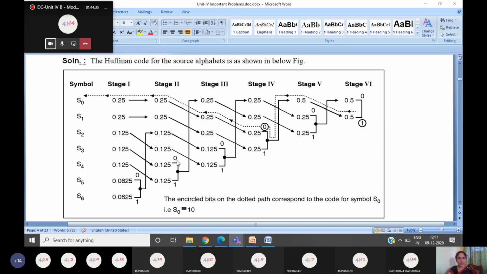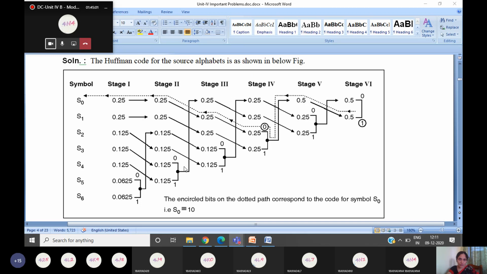Next, once again, the last two terms are combined. So in stage 2 also, in the combining process, the last two terms are combined. So we are combining, assigning and relocating the probability value so that the reduction process will continue. Assign 0 to the last but one term and 1 to the last term.